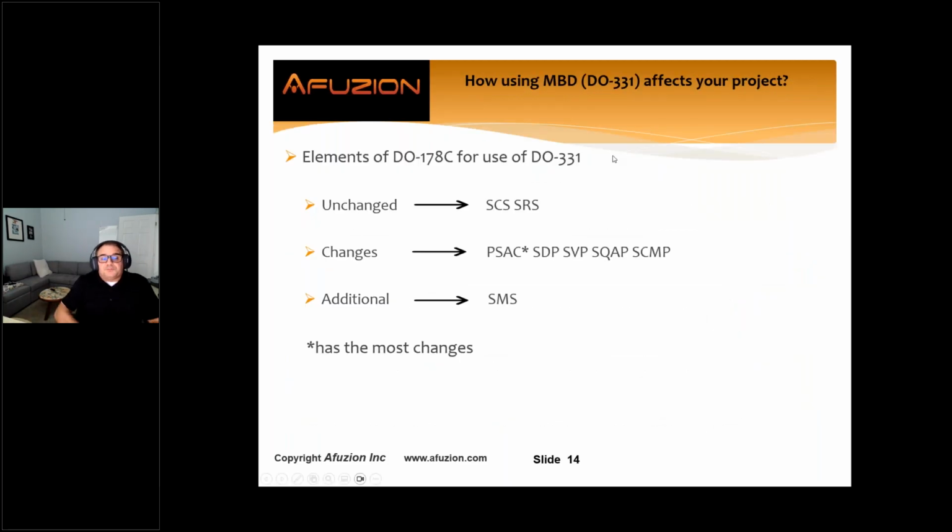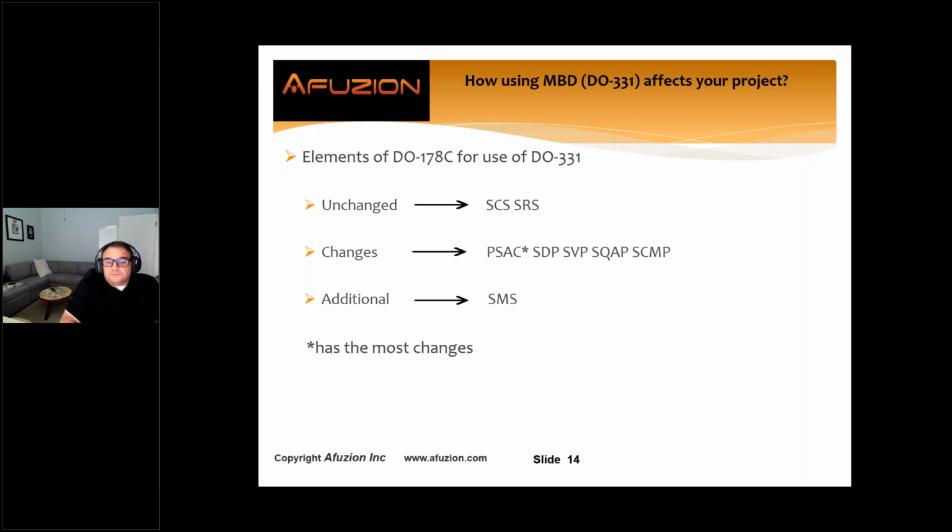So specifically, the elements in DO-178C that you'll need to modify, whether you have an existing project or a new project, are things like your software code standard, your software requirement standard, your software verification plan, your PSAC.